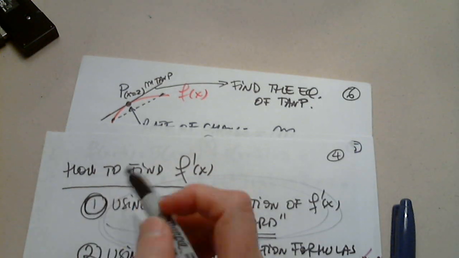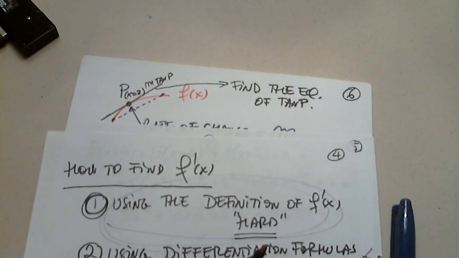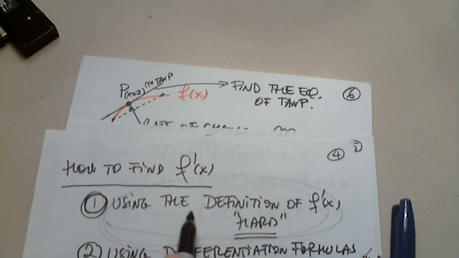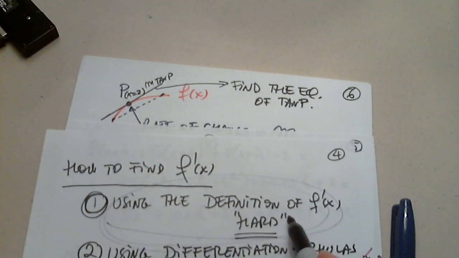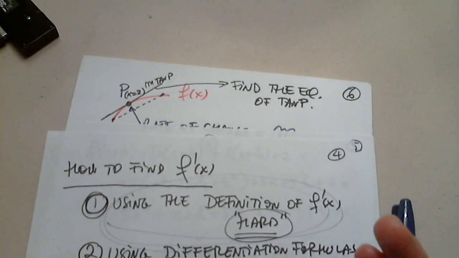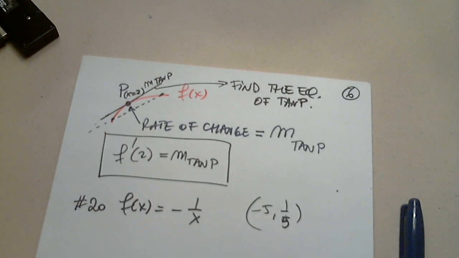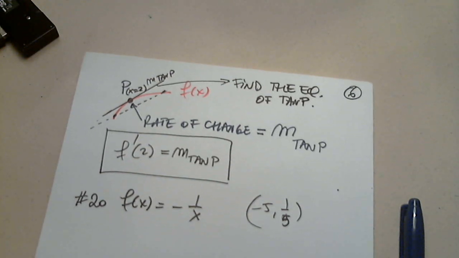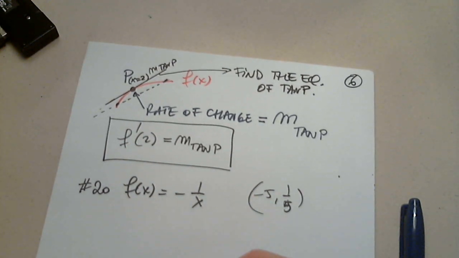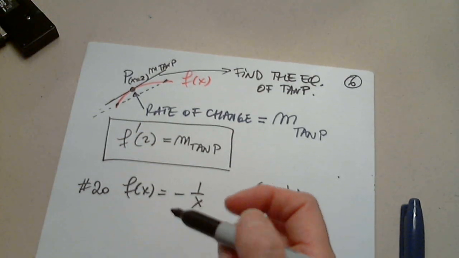Because we are discussing this and we haven't gotten to this yet. If we're asked to find the derivative using the definition of the derivative, we have to do it the hard way. You can check with differentiation rules, but if you're asked to use the definition, you have to use the definition. Good point. Thank you. So we're asked to find the equation of the tangent line.